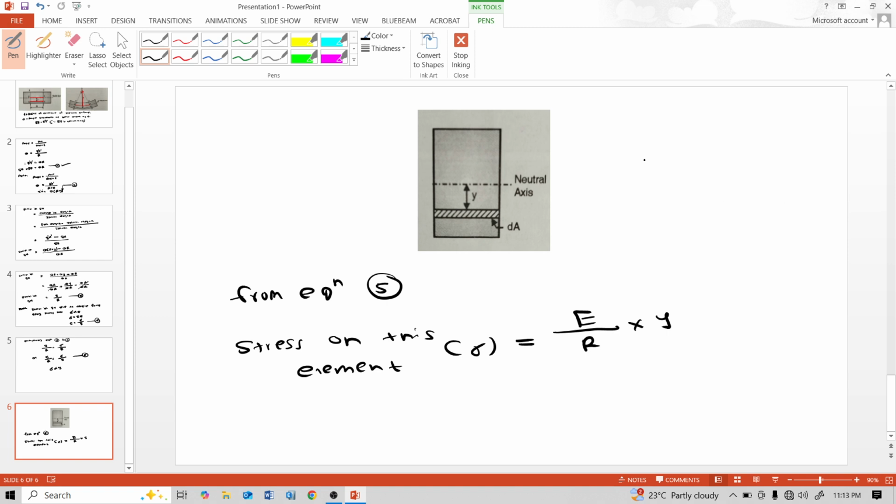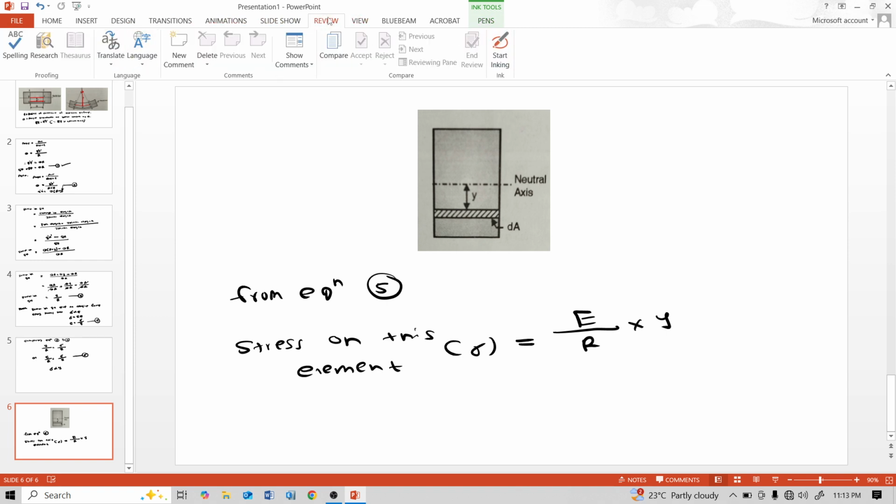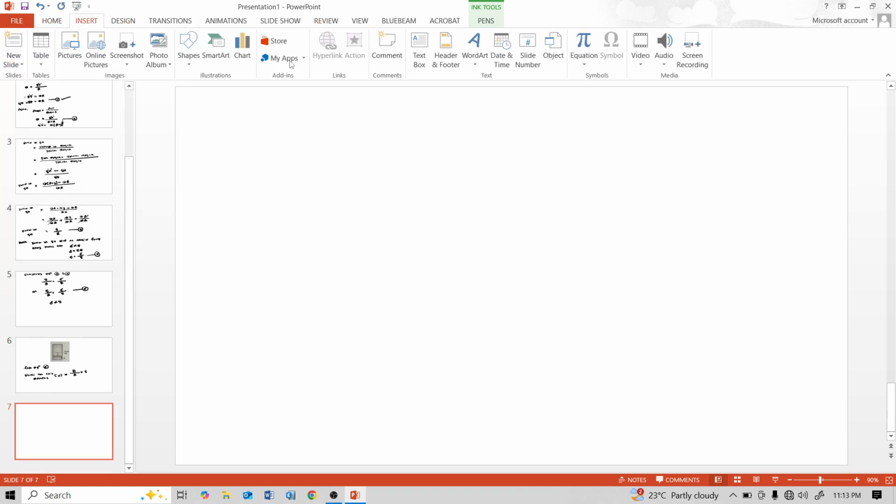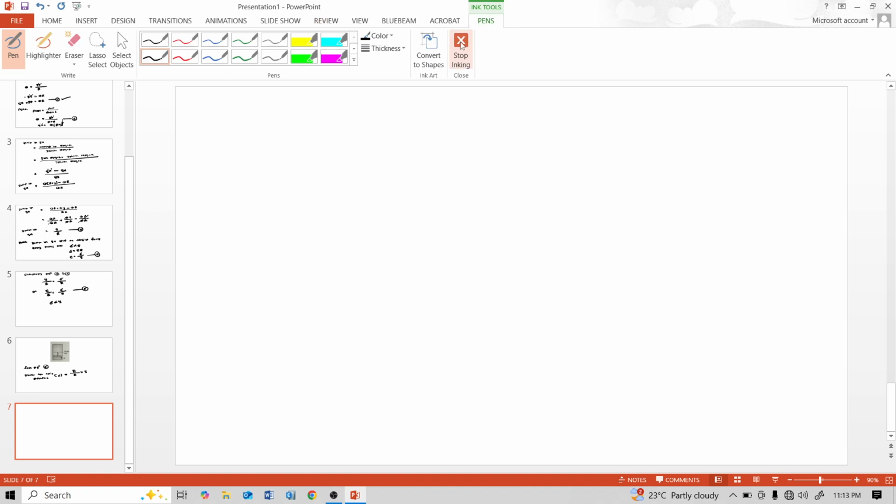Now the force on this element. For calculating the force on this element, use the stress formula.